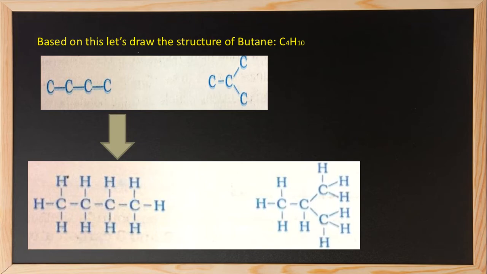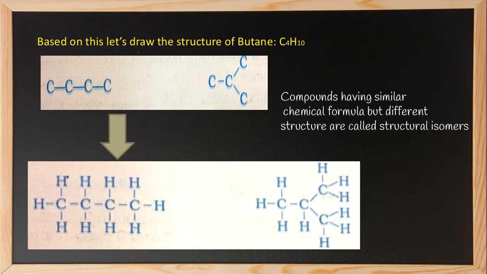So now you can see what a wonder. This formula is the same for both the structures. But see, both the structures look very different. This is like a branched one, but this is a straight one, neat and clean. So compounds having similar chemical formula but different structure are called structural isomers.